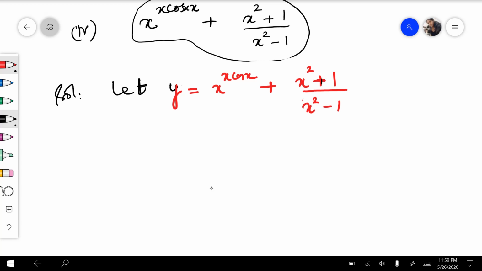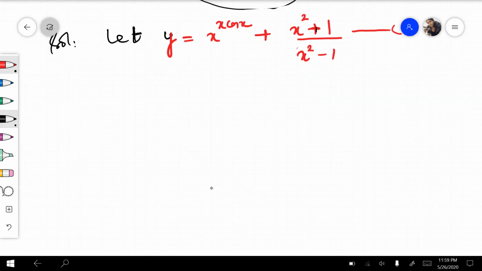So in such a situation, what to do? Whenever there is a plus or minus sign between two terms, then assume the first term equals to u, that is x raised to power x cos of x. Then the second term is equal to v.